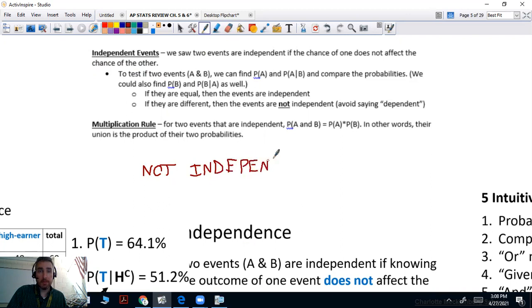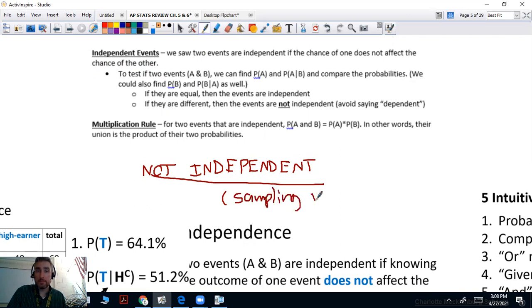Let me just write this out for a second. An example might be sampling without replacement, and that does change the probabilities.